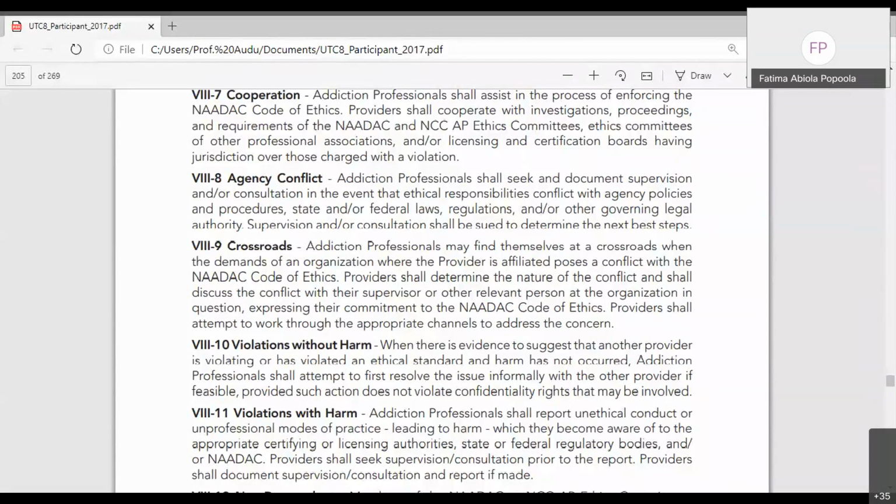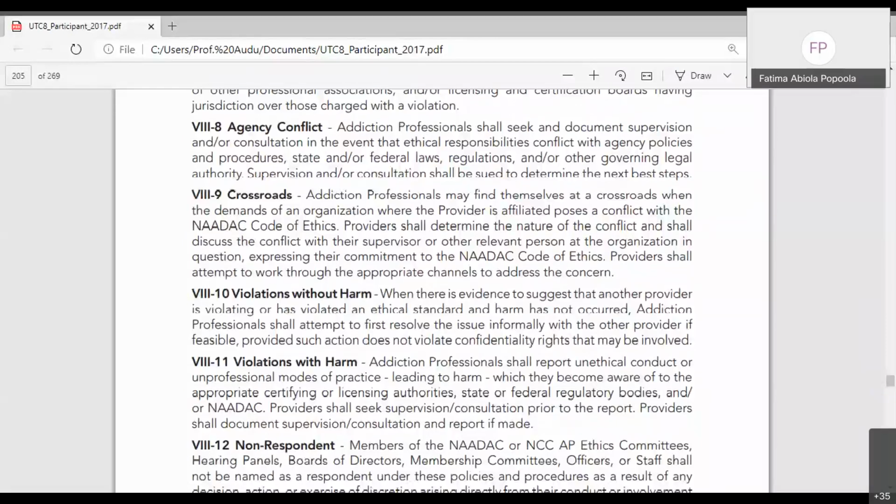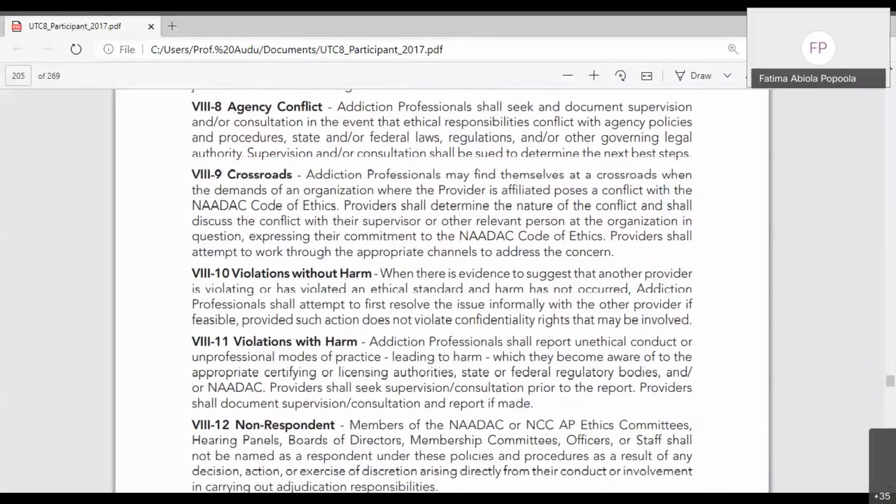Addiction professionals shall report unethical conduct or unprofessional modes of practice leading to harm, which they become aware of, to the appropriate certifying or licensing authority, state or federal regulatory bodies, and or NADAC. Providers shall seek supervision through consultation prior to the report. Providers shall document supervision and consultation and reports if made.